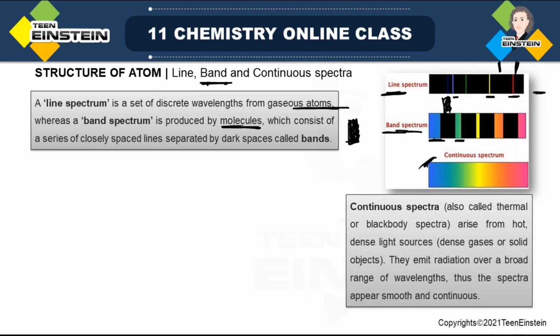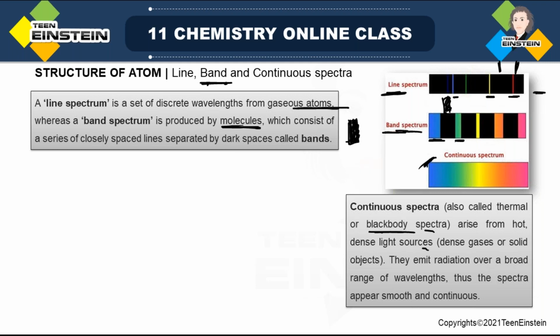So continuous spectrum is also known as thermal or black body spectrum. Why is it black body spectrum? Because a black body is an ideal body where complete emission or complete absorption is possible. And when I say complete, that means all the wavelengths are present. As all the wavelengths are present, there will be no gap. It will be continuous. So it arises basically from some hot, dense light source.